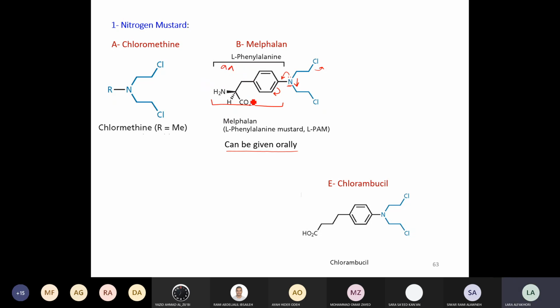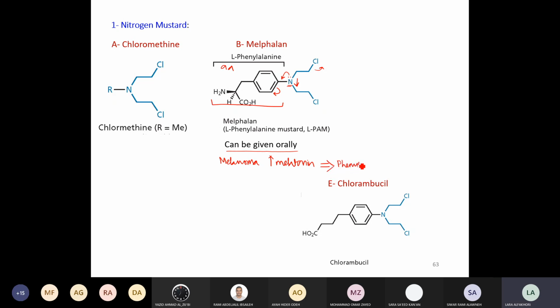Such a design, besides adding a benzene ring to the nitrogen to lower its nucleophilicity, they've added phenylalanine in particular because there were studies at that time showing that melanoma cells had high levels of melatonin, which is synthesized from phenylalanine.